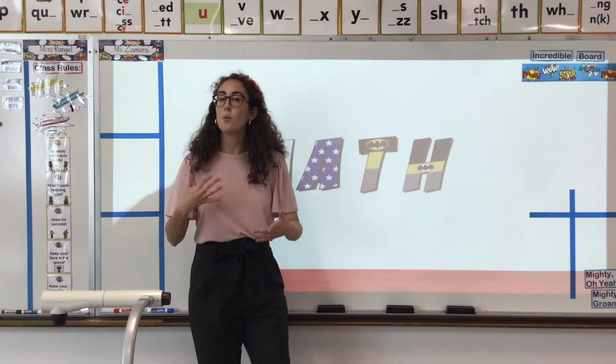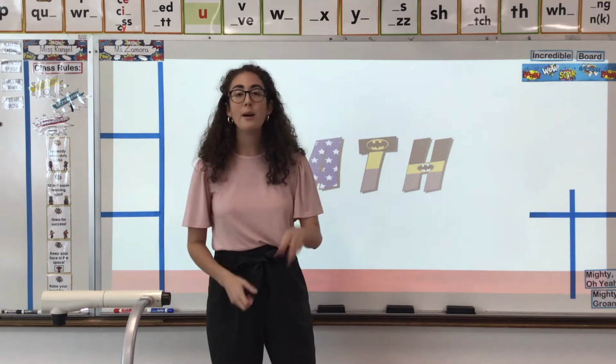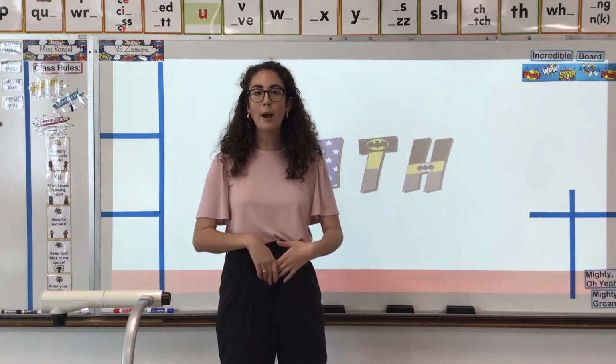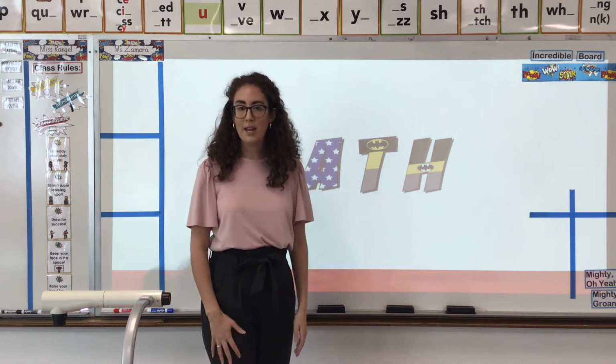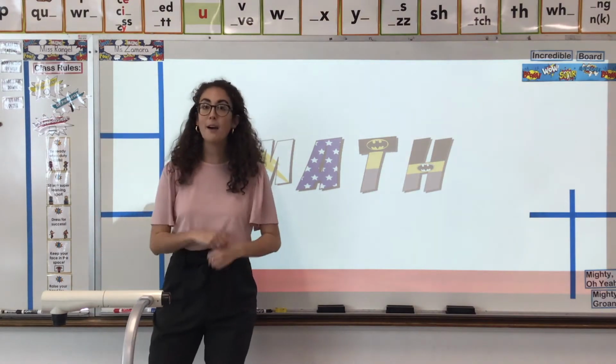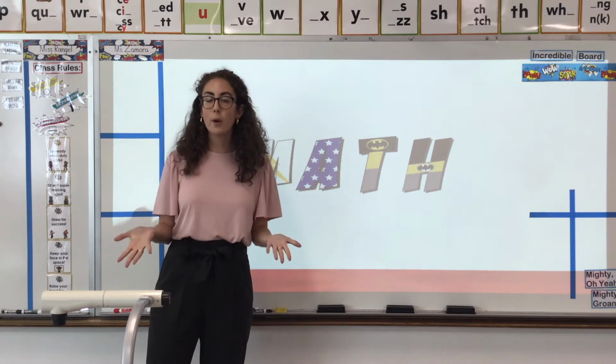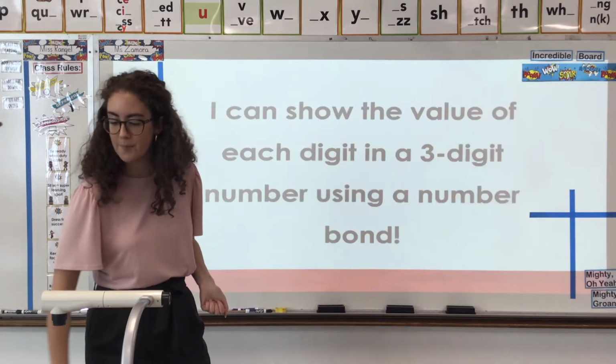Today in math, we are going to start learning about even more ways that we can show a 3-digit number to talk about all the value that's within it. So let's check out our first math learning goal of this brand new, shiny new year and see what our new showing of numbers is going to be.